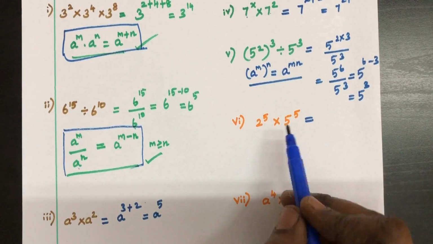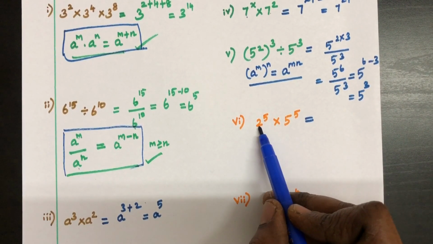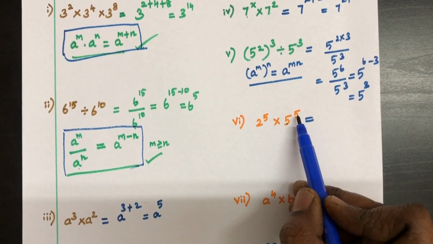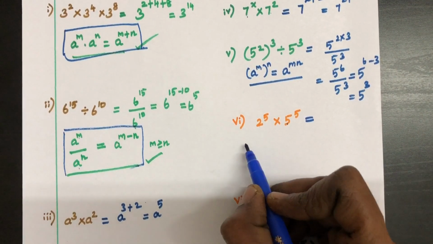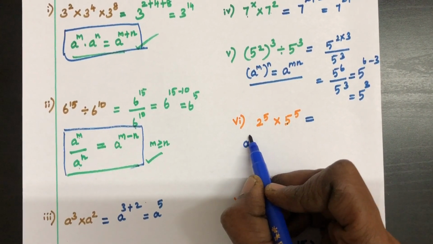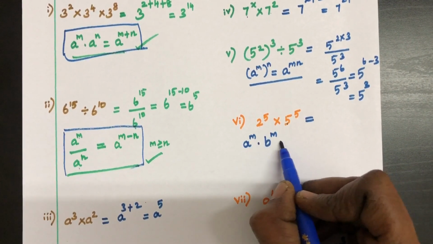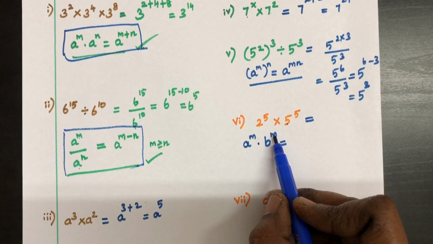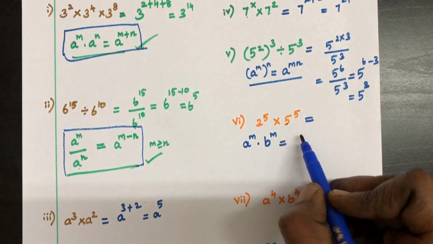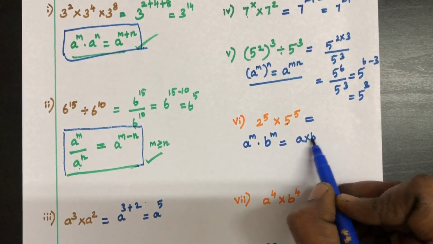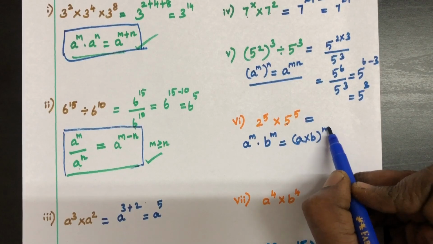Now see here, it is different. Bases are different, but the powers are equal. There is a formula for this also. a power m into b power m. If you see powers are equal and the bases are different, just multiply the bases and give the same power, that's all.